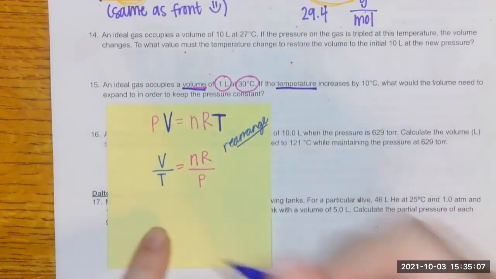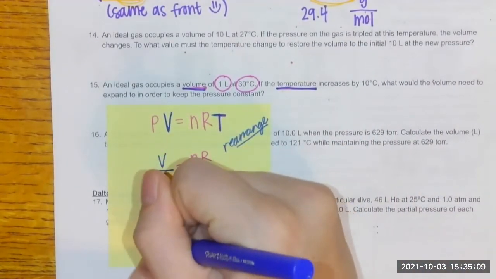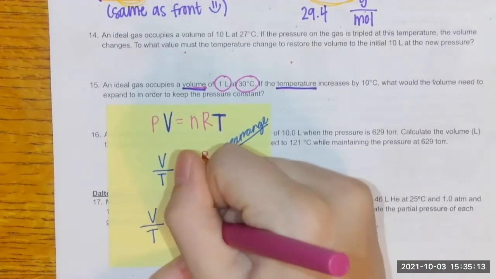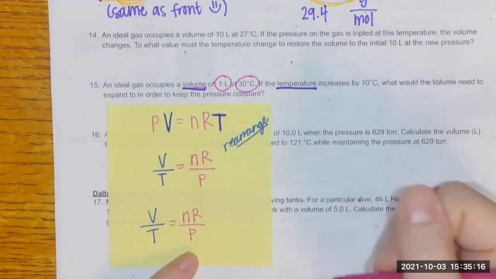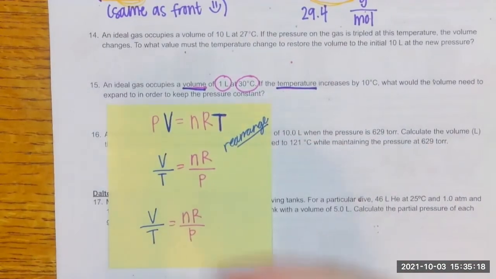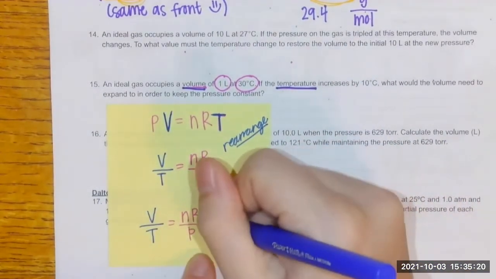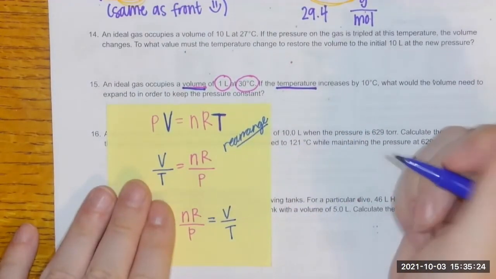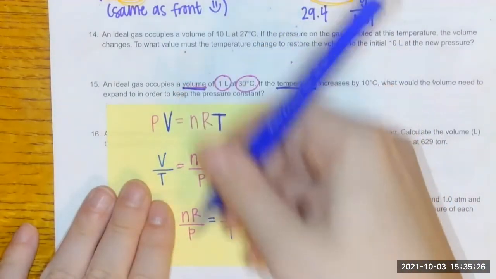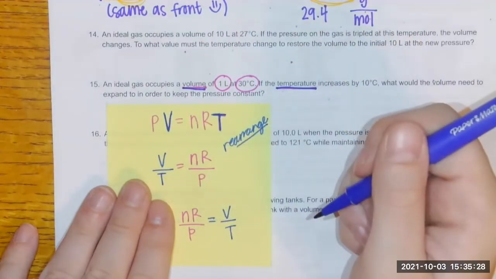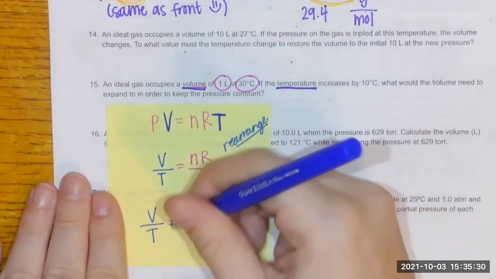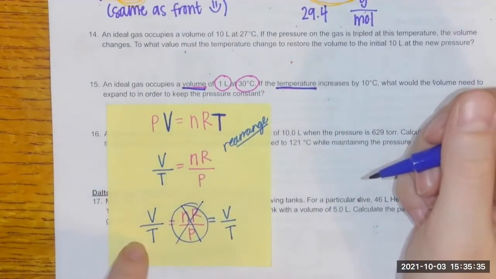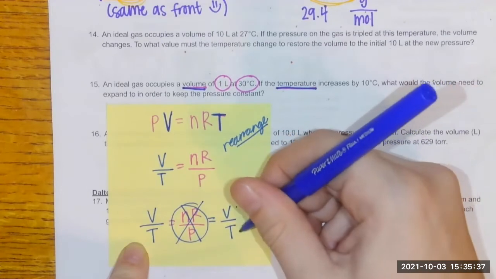If you're okay with that, V over T equals nR over P. Can nR over P, can I say that equals V over T? Can I rewrite it? Yeah, both ways. Get rid of the middle. V over T equals V over T.